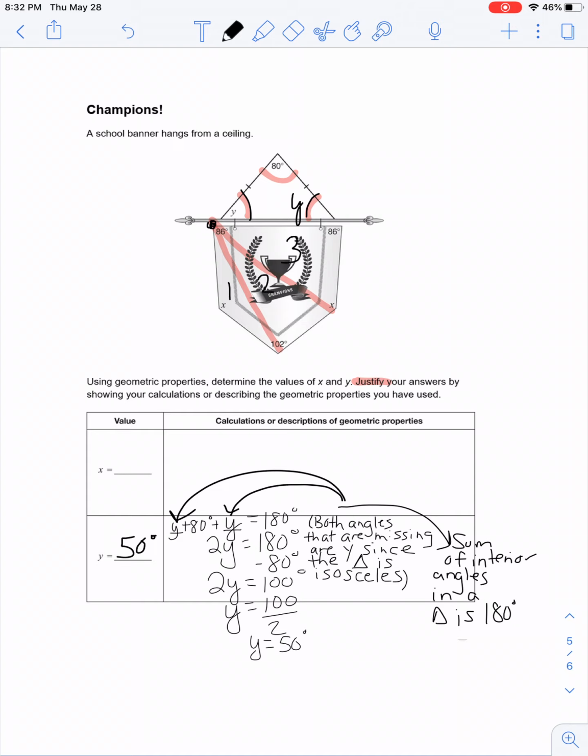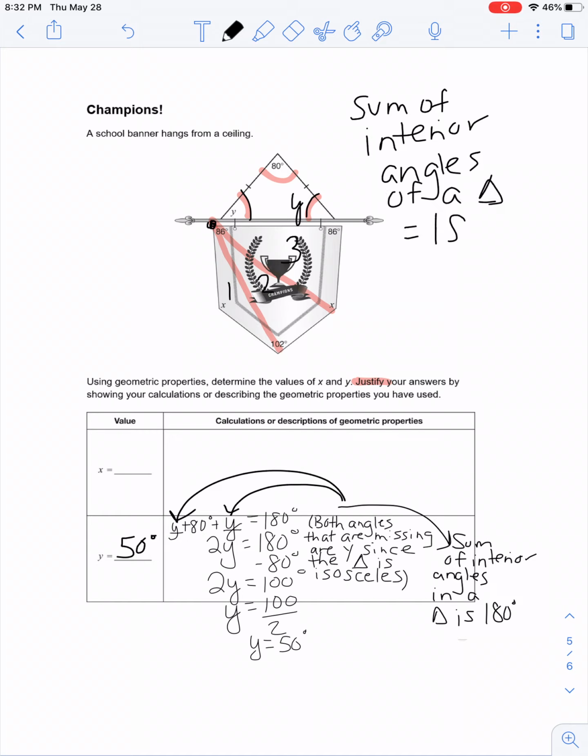And luckily, we just found out in the first part of the question that the sum of the interior angles of a triangle is 180 degrees. So if we have 3 triangles, 3 times 180 gives us 540 degrees.